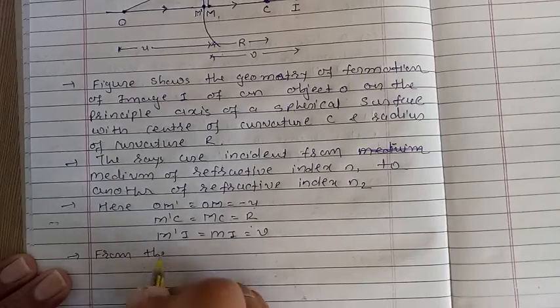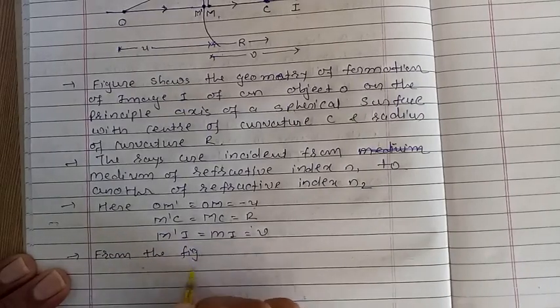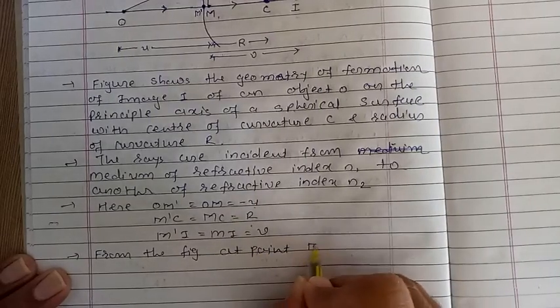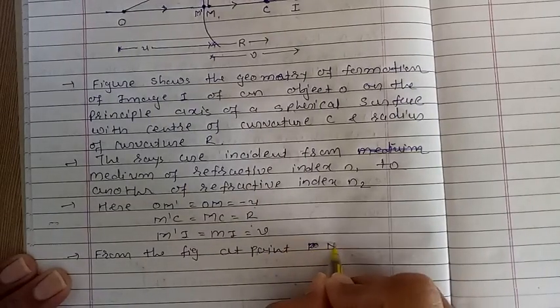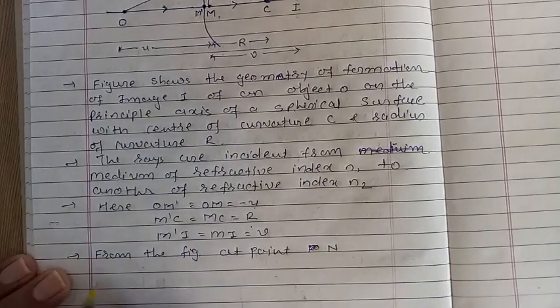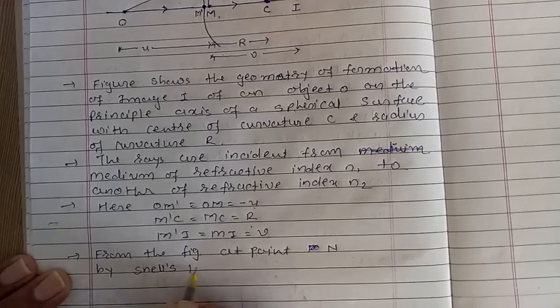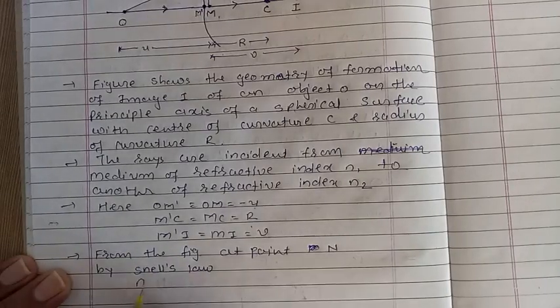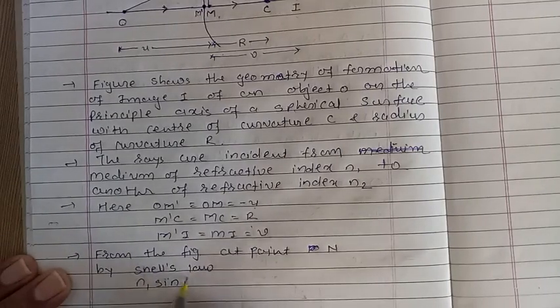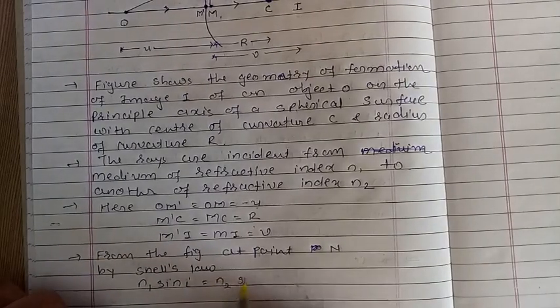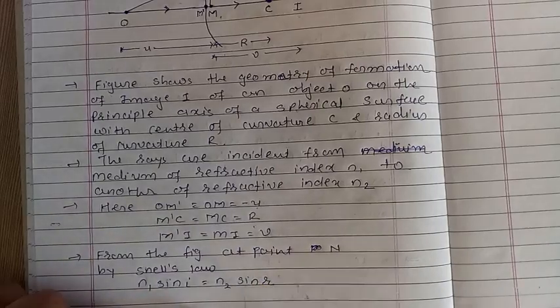From the figure, at the point N, by Snell's law, n1 sin theta 1, that is i, is equal to n2 sin theta 2, that is r.